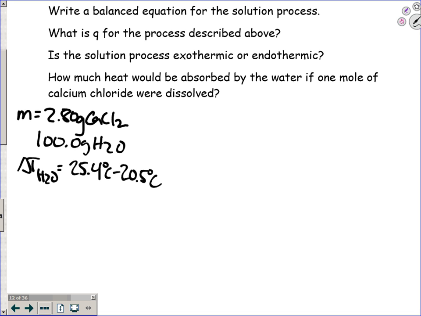You can probably read the first one. Remember, it does say solution process, so I don't want you to write water as a reactant, because that would seem as if you're doing hydrolysis or some other reaction. So we try to write it as a solution process.